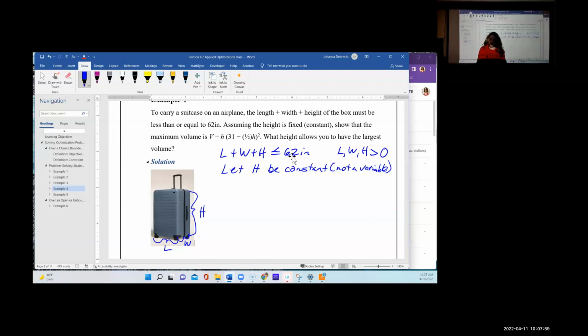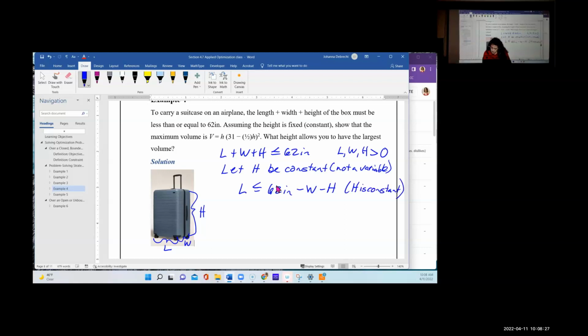So my optimization equation is again going to be volume, which is going to be adding them all together. So now I'm going to come up with an expression for length again. So length is equal to 62 or less than equal to 62 inches minus W minus H. H is constant.